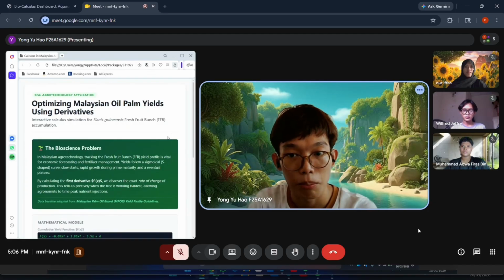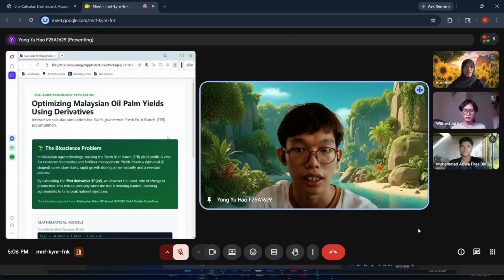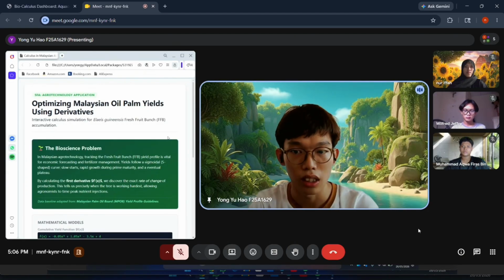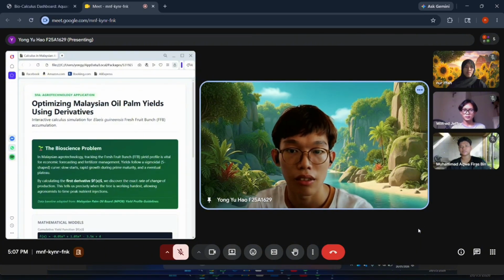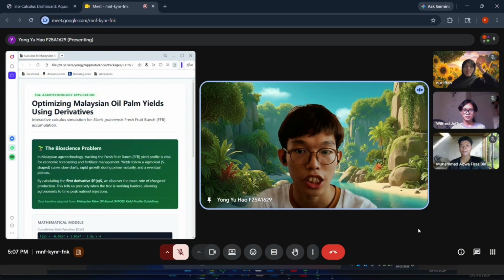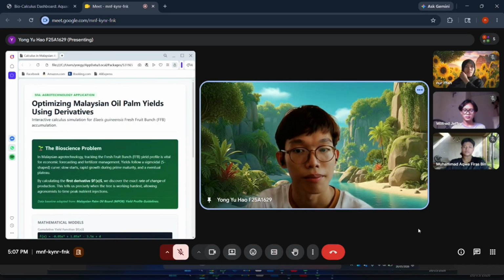The bioscience problem chosen in this project is the growth pattern of Malaysian oil palm fresh fruit bunch, FFB, yields. Oil palm yields do not increase at a constant rate. Instead, they follow an S-shaped growth curve.